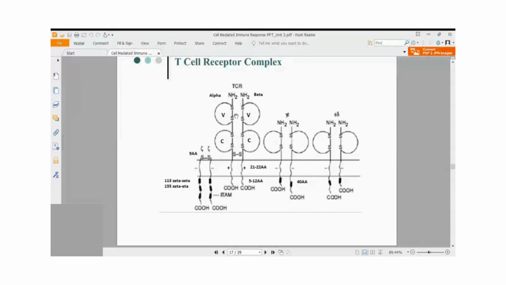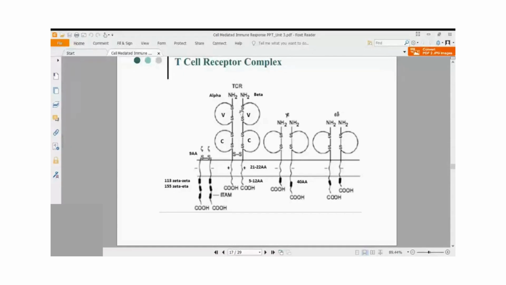And the variable region domain of the TCR resembles the Fab region of the antibody, fragment of antigen binding, because it establishes contact with the antigen that is presented on the class 1 or class 2 MHC.